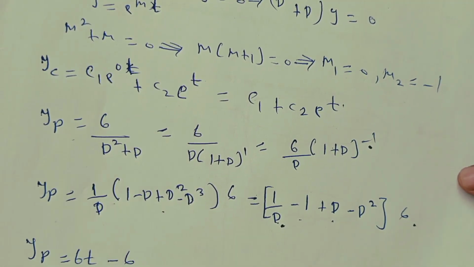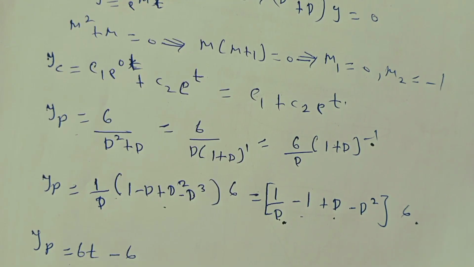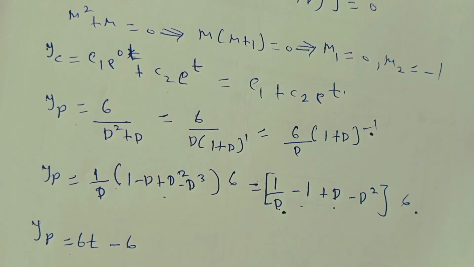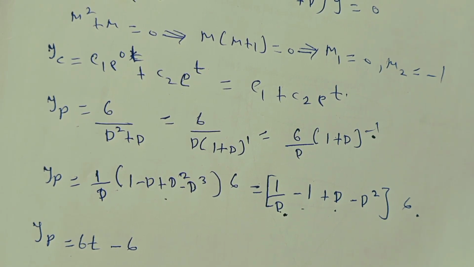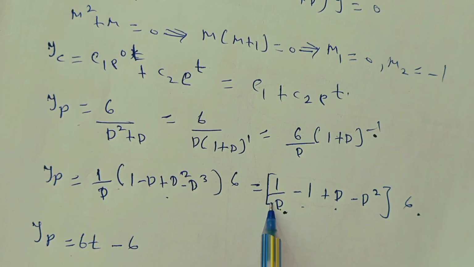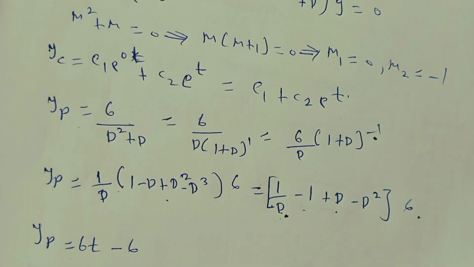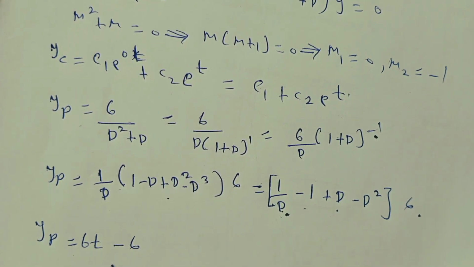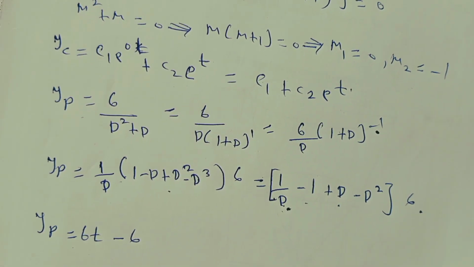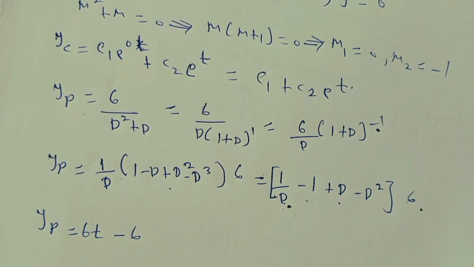Then the rest of the part is going to reduce to 0, because now you have 6. When you integrate 6 with respect to t, it is going to give you 6t. So that is the part which we are going to have there.